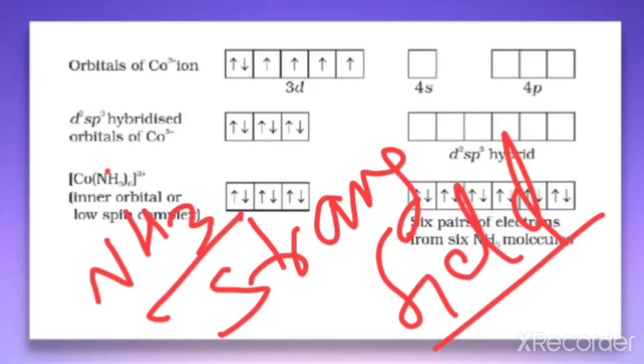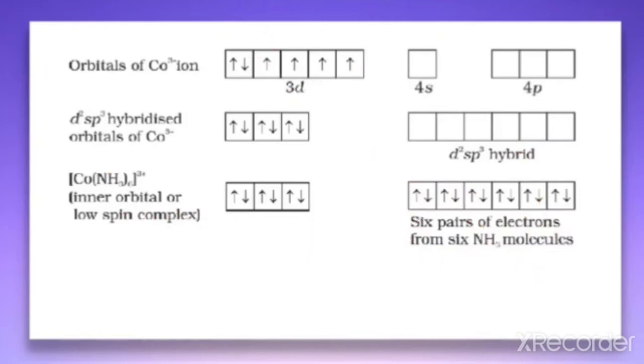Pairing of electrons means the electrons in the d orbitals start to pair up. When they pair up, that means in order to make bonds with 6 ammonia, 6 vacant spaces are required.